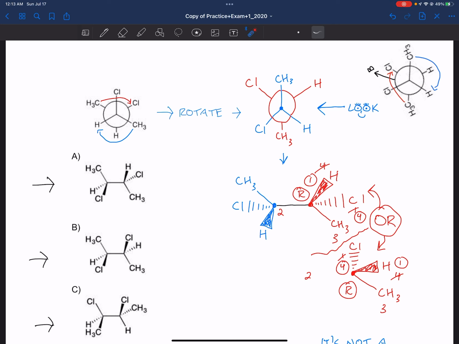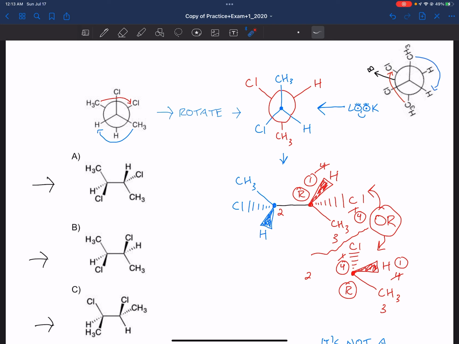So that definitely is very confusing for a student. So let's look at how we would draw this back carbon. Again, we're looking from this direction, and our methyl group is going down here. So that's why I've locked it into this position. Now, we know the hydrogen is definitely coming in our direction, so the hydrogen is going to be on a solid wedge.